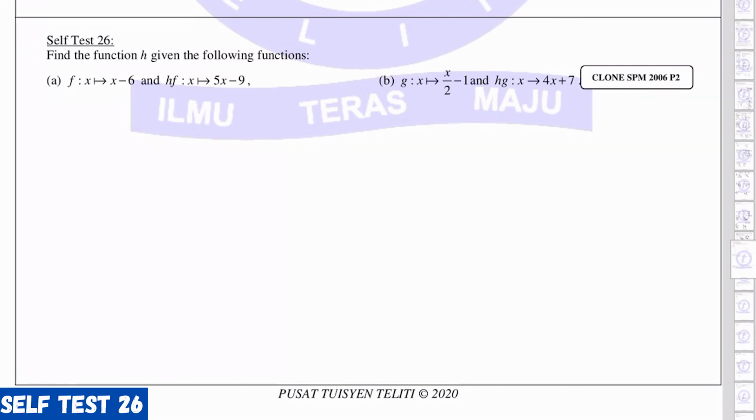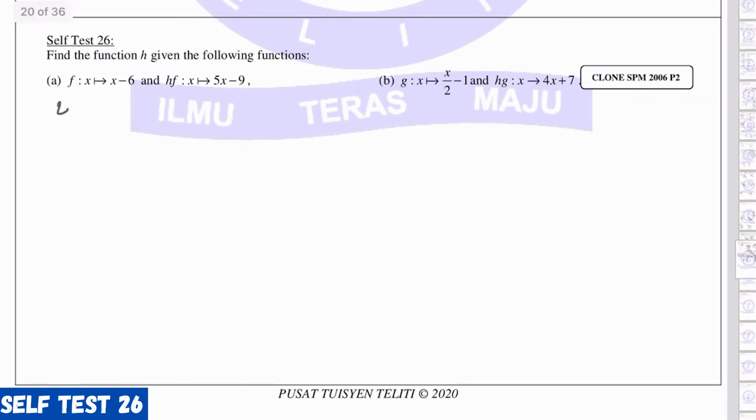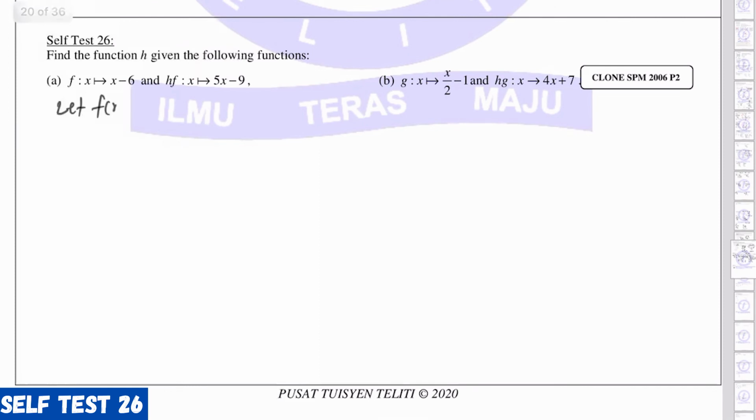Okay, moving on to self-test 26. Here we let the function inside f(x) equal y. So h(y) is now 5x minus 9. Remember we are finding h(x). To find h(x), I must first find h(y). I must change all the x into y.